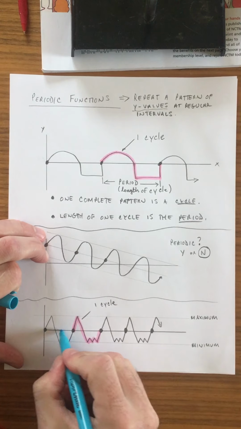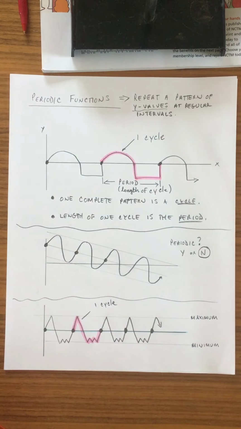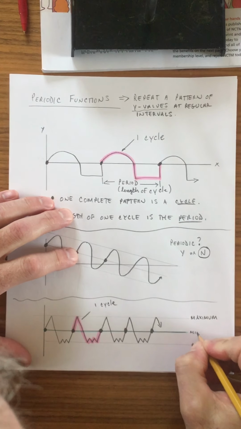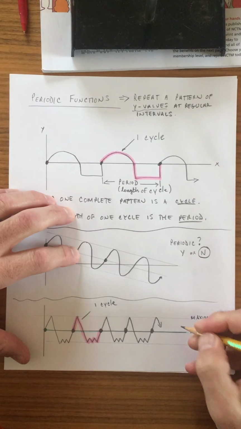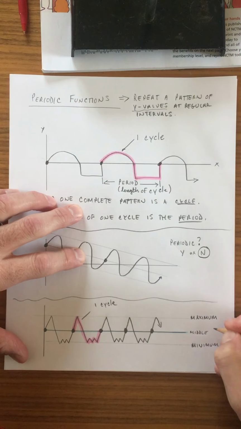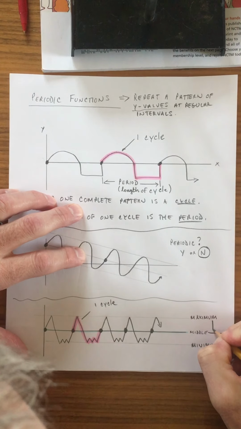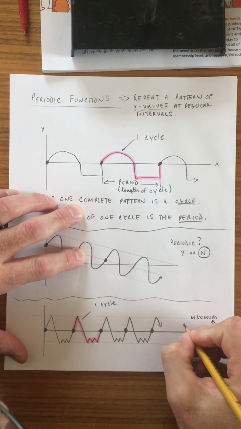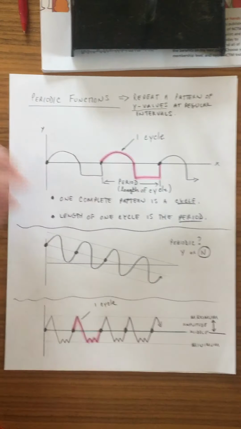And of course, we have this value in the center. Here, I'm just going to draw this. I'm going to highlight that blue a little bit. Okay? Now, we'll call that the middle. This distance from the middle to the max is called the amplitude.